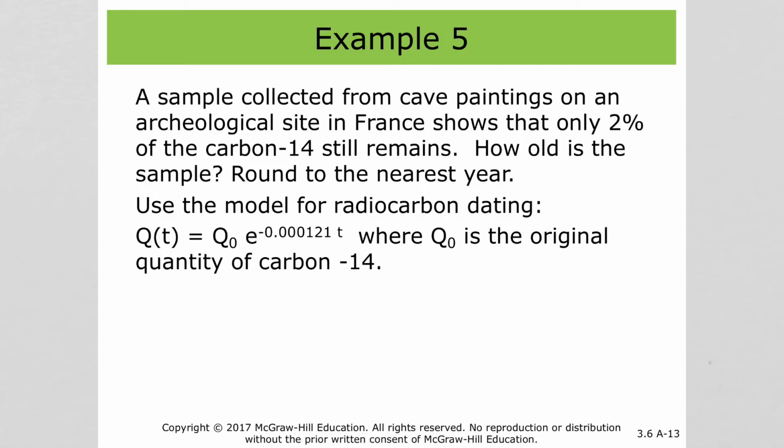But 2% remains. So that means 0.02 of the initial amount, Q0, is equal to Q0 times e to this stuff, t. Since we've got a Q0 on both sides, Q0 goes away.